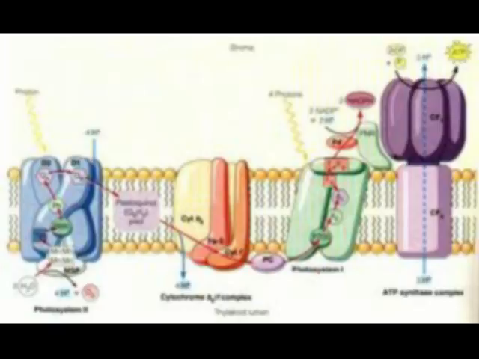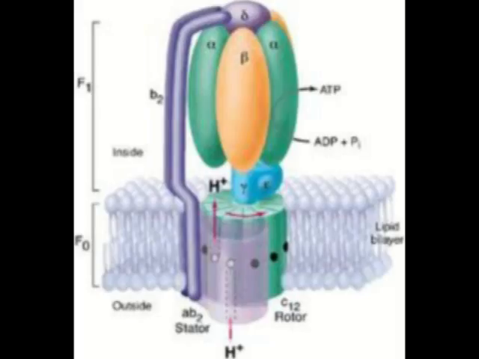The role of NADP plus reductase is to transfer the two electrons from photosystem 2 to NADP plus, so it can be reduced to NADPH, gaining a hydrogen atom and going to the Calvin cycle as a reducing agent. The ATP synthase makes ATP by adding a P to ADP. This reaction is driven by the movement of protons from inside the thylakoid to the stroma.